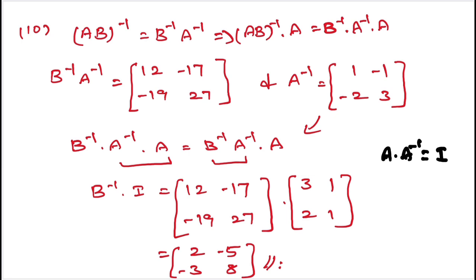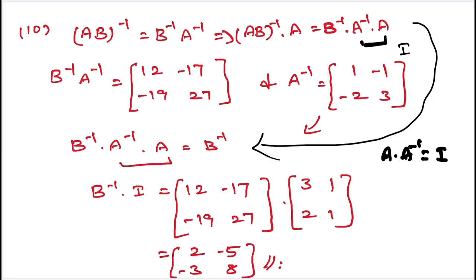To find B inverse, we multiply both sides by A. So we get AB the whole inverse into A is equal to B inverse into A inverse into A. And you know A inverse dot A is I. So we get B inverse is equal to B inverse A inverse into A. So substitute for B inverse A inverse, which is 12, minus 17, minus 19, 27, into A. We know only A inverse, so from that find out A, which is 3, 1, 2, 1.